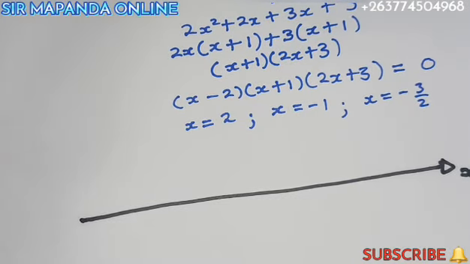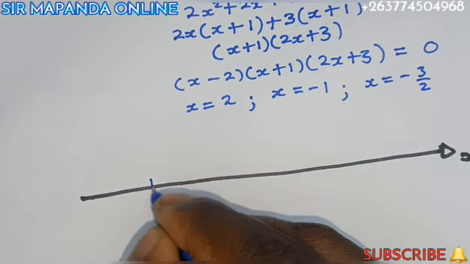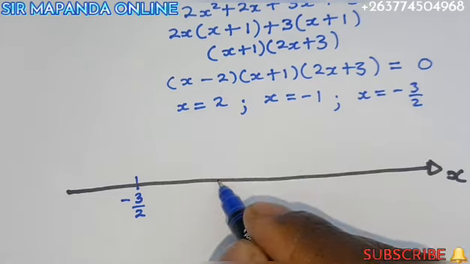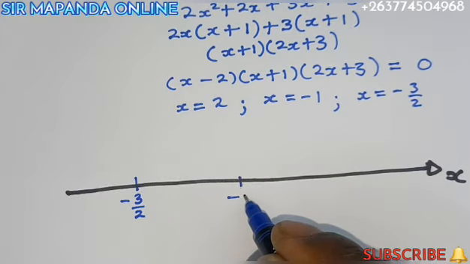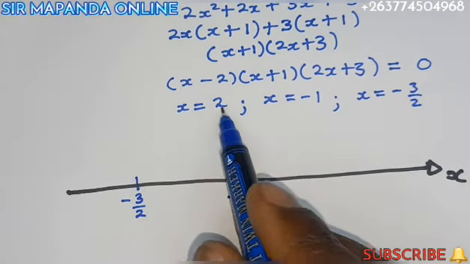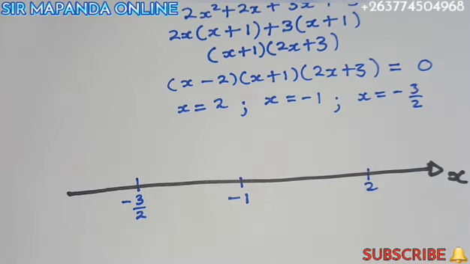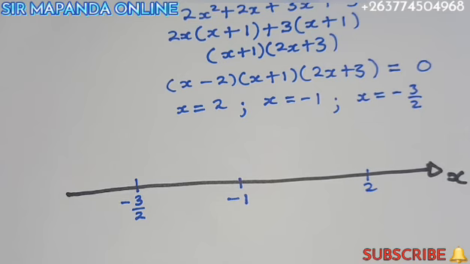The smallest number here is minus 3 over 2, followed by minus 1, and we also have positive 2.